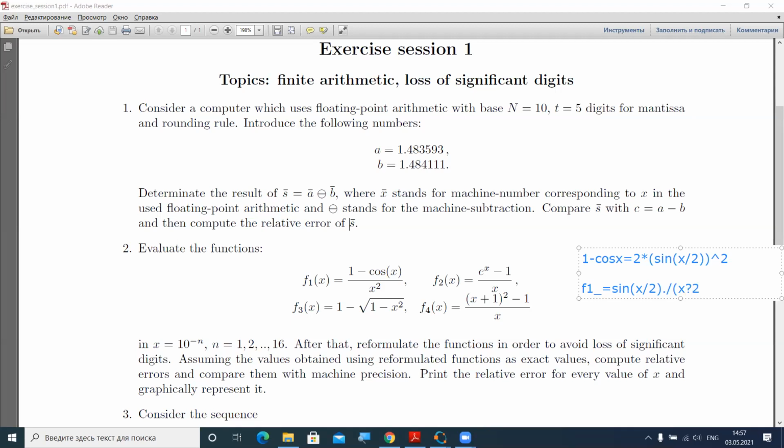Yeah, this is not Matlab screen, this is PDF file. We can copy. So x over 2 and squared here.